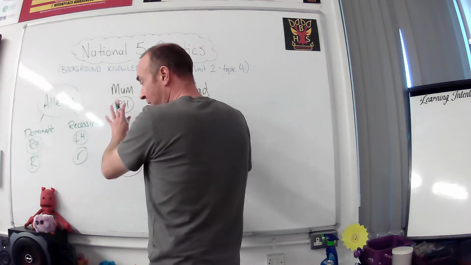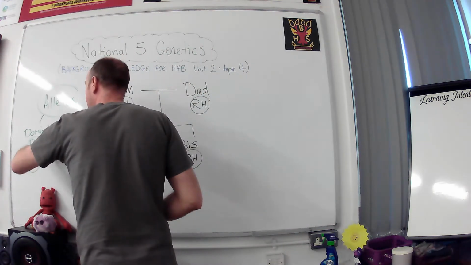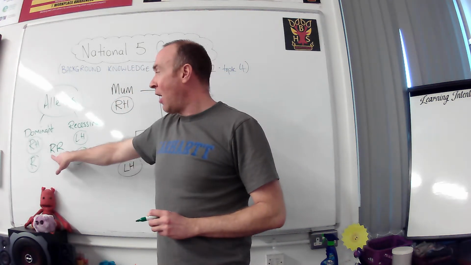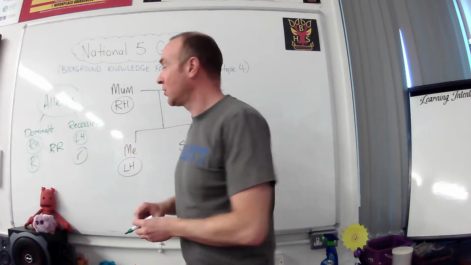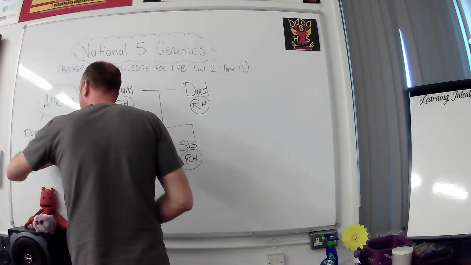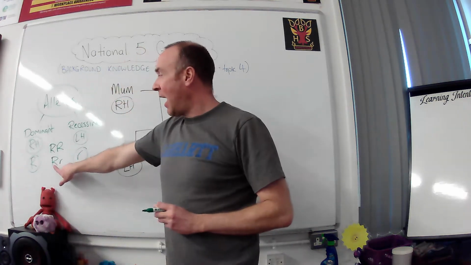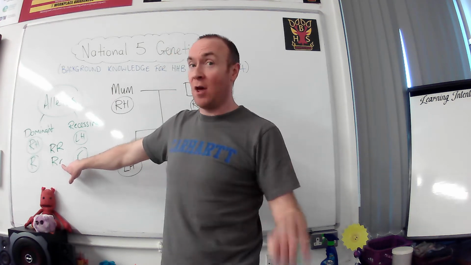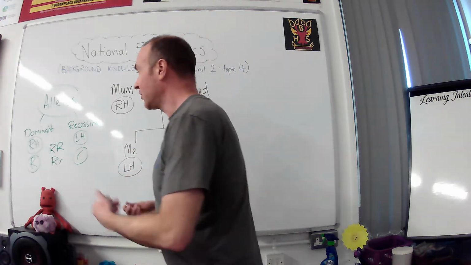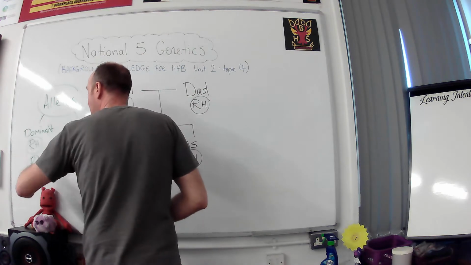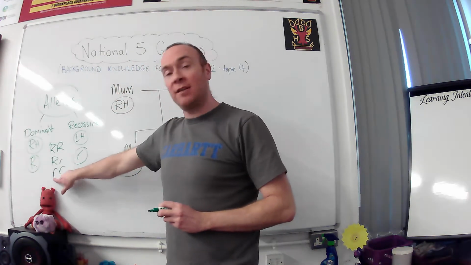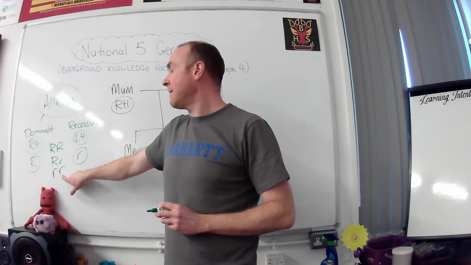So forgetting about my family for a little second, we can have that combination where a person has inherited a right-handed gene from both parents. We could also have where a person inherits a dominant gene from one parent and a recessive gene from the other parent. Or, obviously, you could also inherit a recessive gene from both parents, okay?